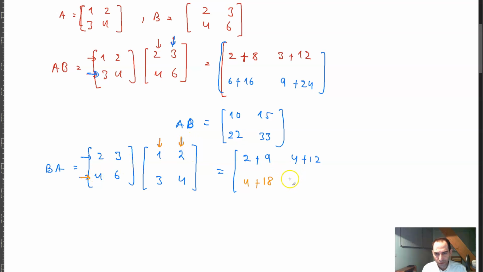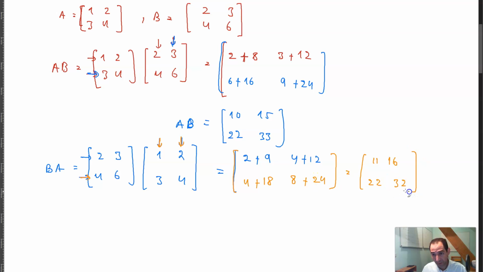And then 4 times 2 is equal to 8, and 6 times 4 is equal to 24. When you add these together, you'll get 11, 16, and 18 plus 4 is equal to 22, and 24 plus 8 is equal to 32. That is B times A. So you can see that they are, of course, not the same matrices.